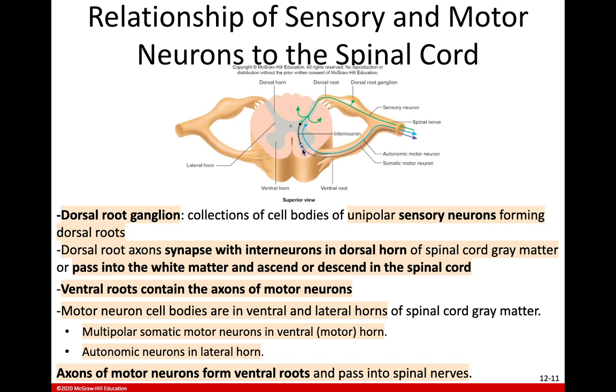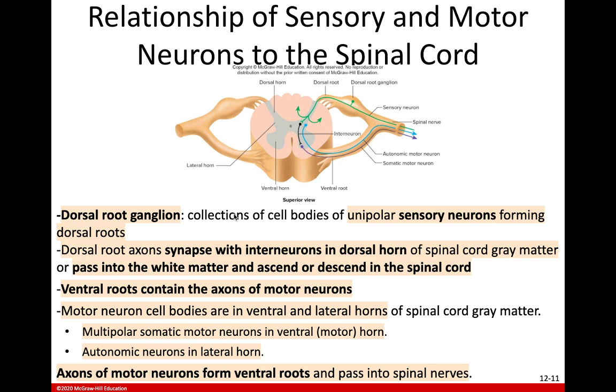So in that case, one main thing that's going to happen is if you're about ready to touch a hot pot, then you're going to have information come along this somatic motor neuron to your skeletal muscle to get you to pull your arm away. The autonomic motor neuron here, that may go to your heart to speed your heart rate up because that was really kind of put you in a fight or flight mode almost. So your heart rate may increase there as a result of that. That's what we call a reflex arc, and we'll talk more about that in a little bit.